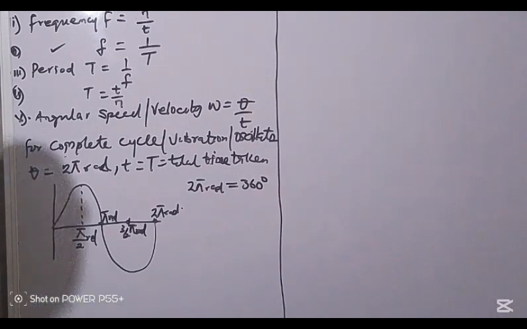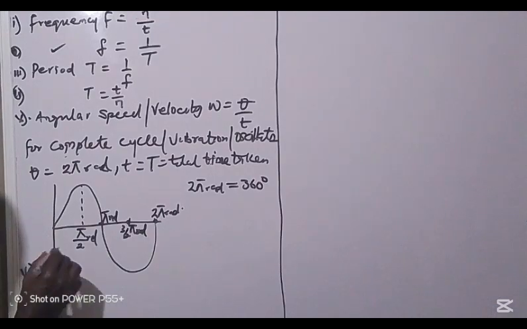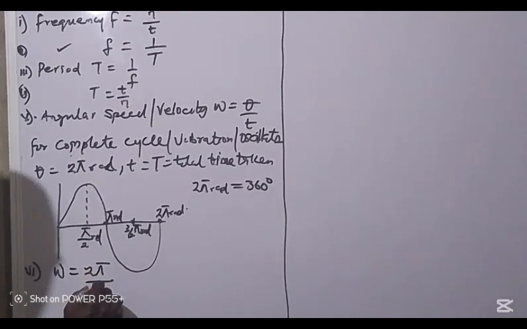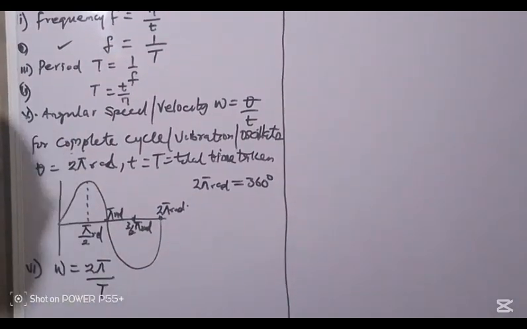Now, if that is the case, we can have number 6, that omega will be equal to 2 pi over capital T. That is for complete oscillation.